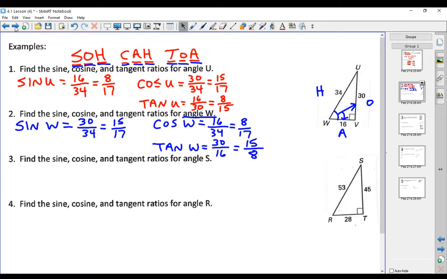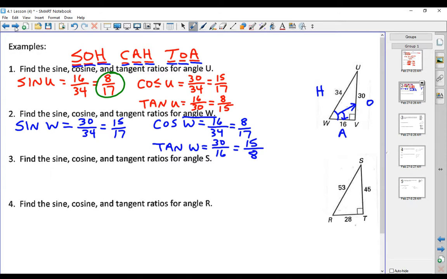Now, I don't know if you were paying attention as I was going through that problem, but if you look at the last two problems that we've done, we had two different angles in the triangle that were not right angles. We had angle U and angle W. The sine of angle U was 8 over 17.